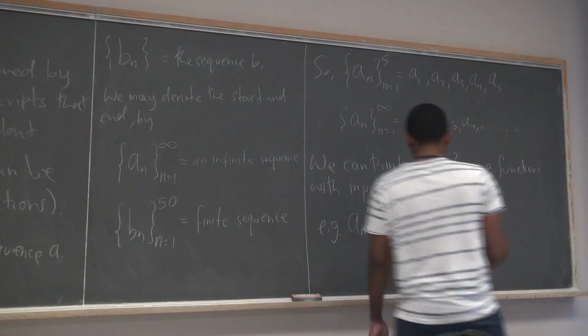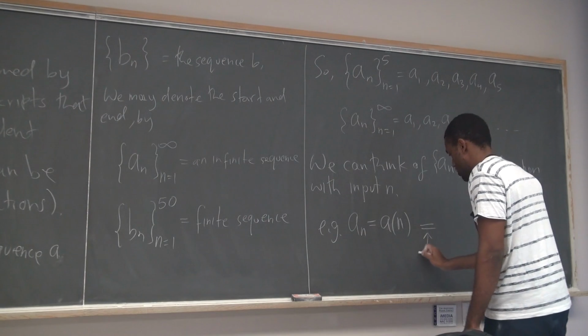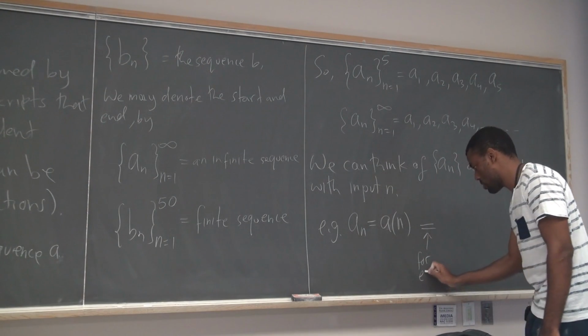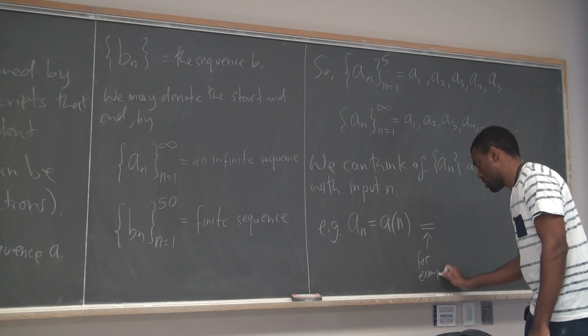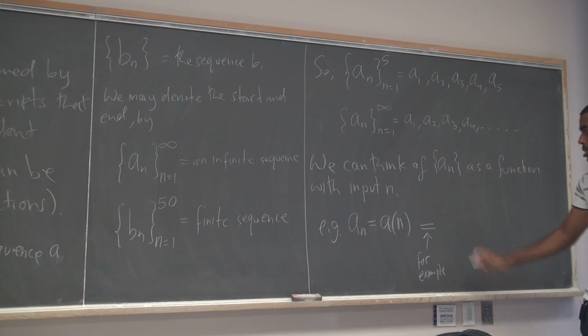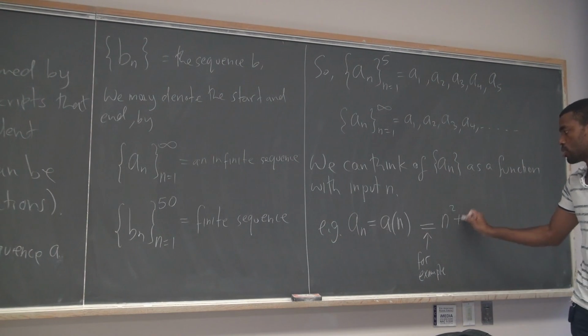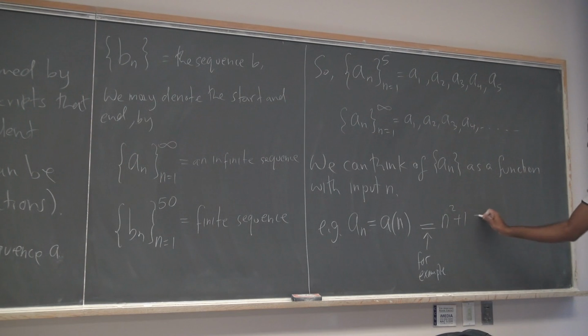And I can say something like, a_n is the sequence n squared plus 1. Basically what that means is if I were to write out the terms, n goes from 1 to infinity, one at a time I'm going to plug in the n values into that function to get the number I'm talking about.